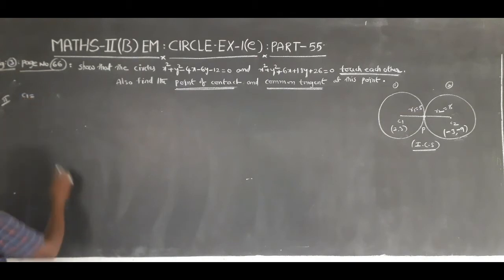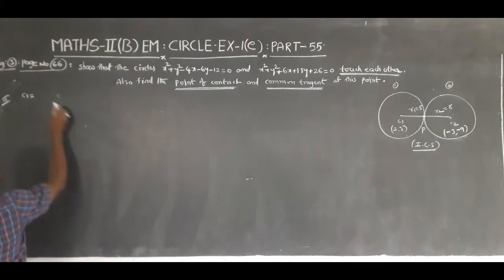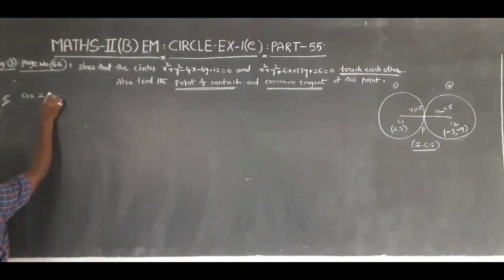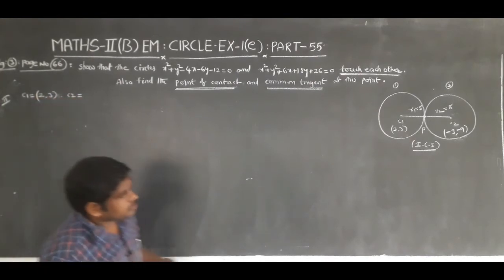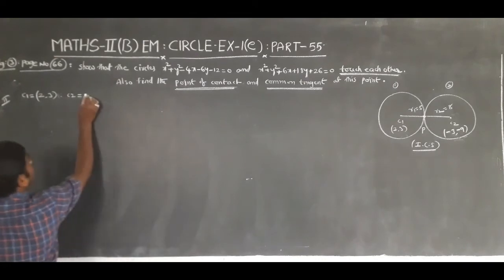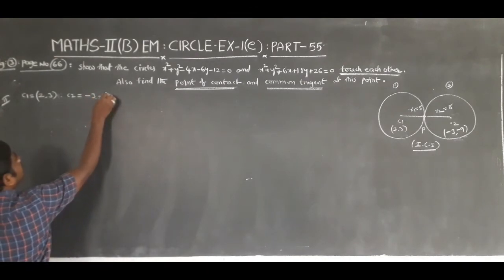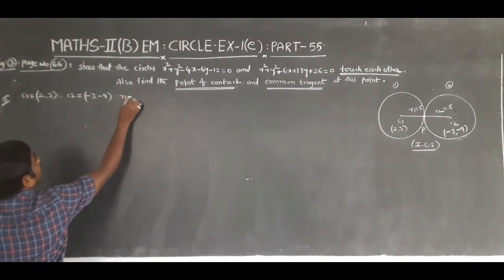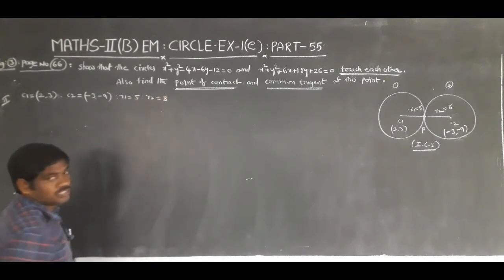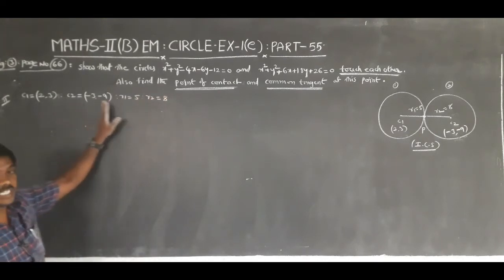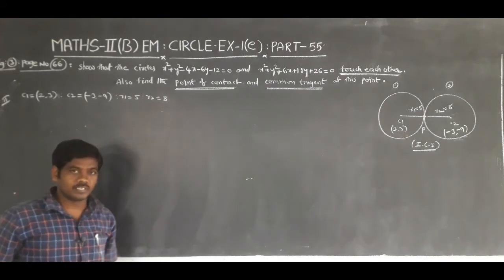C1 is the center of the first circle, C1 is equal to (2, 3). C2 is equal to (-3, -9). R1 is equal to 5, R2 is equal to 8. These are the centers and radii of the given circles.